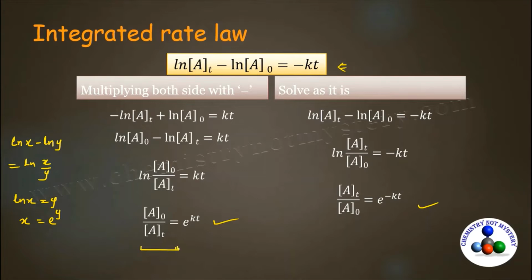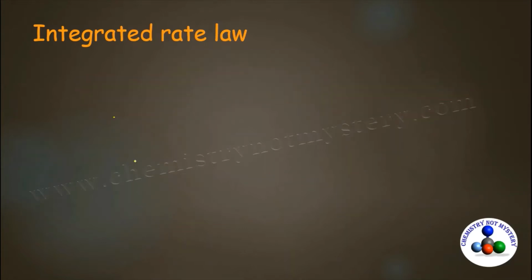From this integrated rate law, you can derive another form. So let's see what this is. Here ln A0 over At is equal to kt. Now transfer this t on the other side of the equation. As this t is here in multiplication, when you transfer it to the other side of the equation, it will go in division.